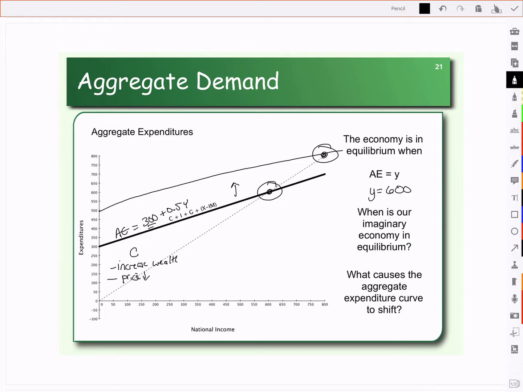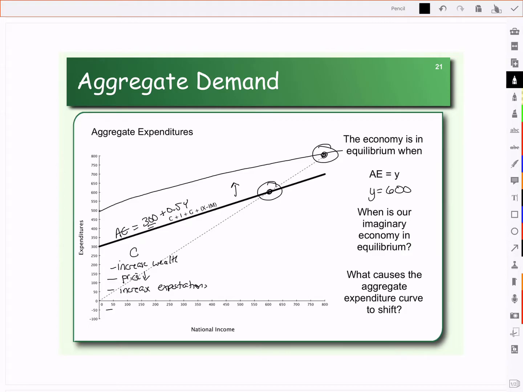So autonomous consumption increases when prices fall. Then we talked about a change in expectations. If consumers are more optimistic, then they're more likely to buy goods and services, regardless of the level of income. Increase expectations.